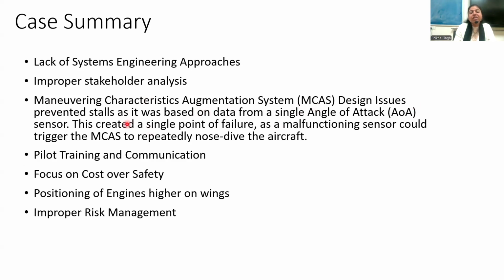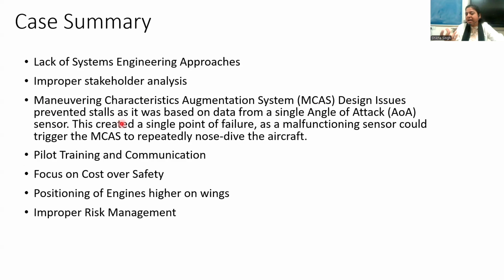Design issues prevented stalls. Now you have kept the engine in such a location which is making the aircraft unbalanced in the air. And due to that, misalignment of the engine should be below the wings always.